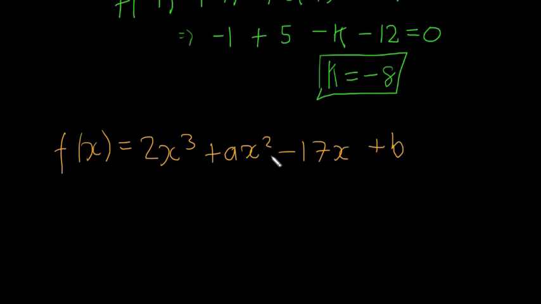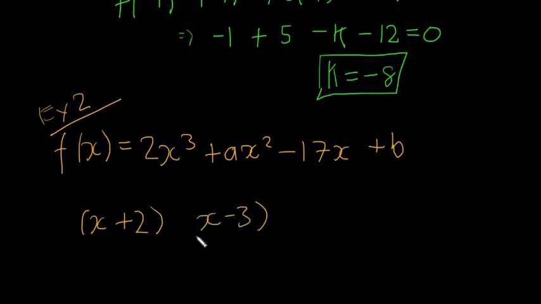Everyone see that? And we know that x plus 2 and x minus 3 are factors of this. Again, we're looking for the unknown values. We're looking for a and we're looking for b, and we're going to use these 2 pieces of information to find that.